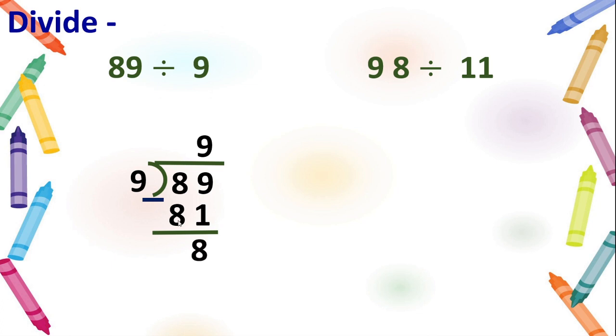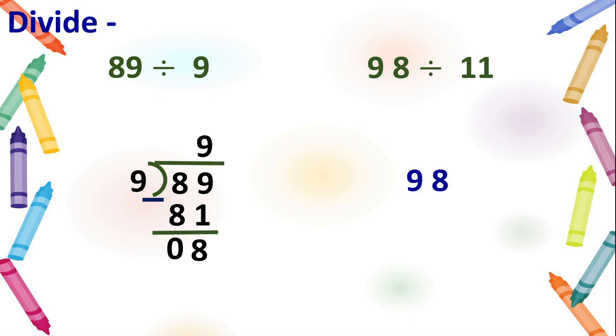Very good. And 8 minus 8 is 0. Now our sum is finished, because here we got 8 and it is smaller than this divisor. Isn't it? Okay. And what is that 89? 89 is the dividend. 9 is the quotient.